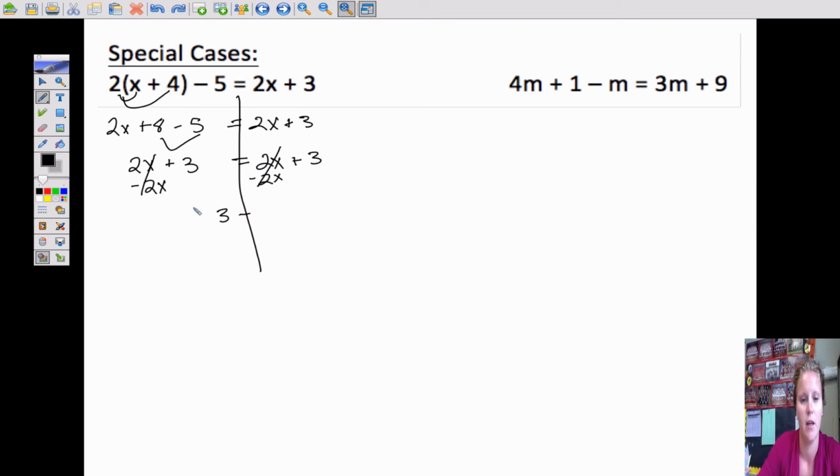If I go back to where I have 2x plus 3 equals 2x plus 3. If I get rid of the 3's, then you'll see I have 2x equals 2x. If I divide by 2, then I have x equals x. So what can x be? Could x be 1?